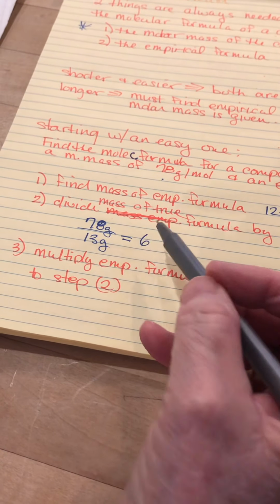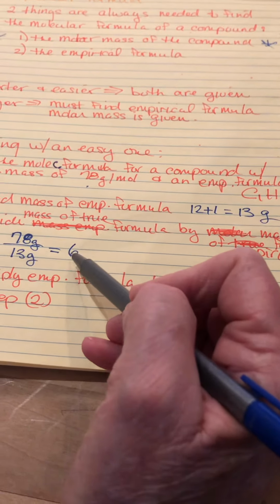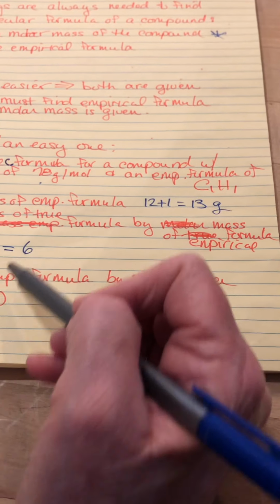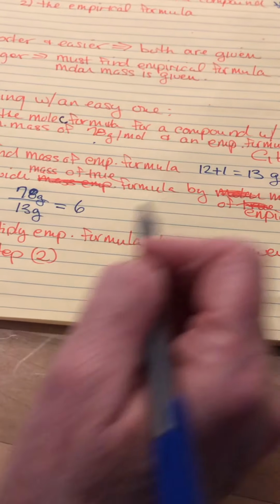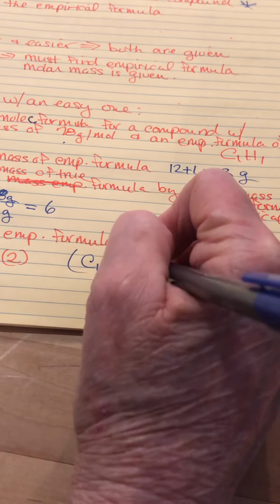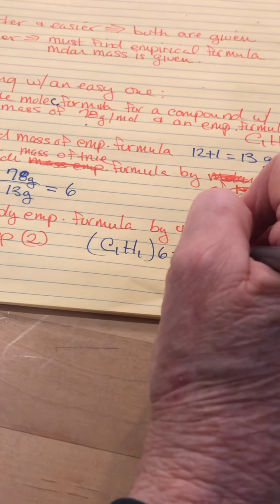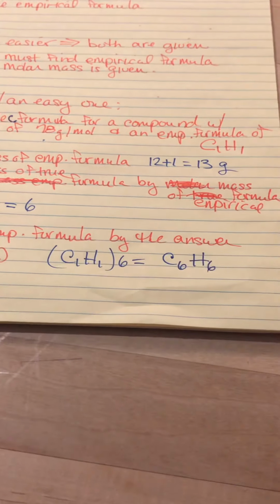What this is telling you is that there are 6 of these C1H1 units in the molecular formula. So again, you're going to multiply the empirical formula by the answer to step 2. So let's take C1H1, multiply those subscripts by 6, and you get C6H6.